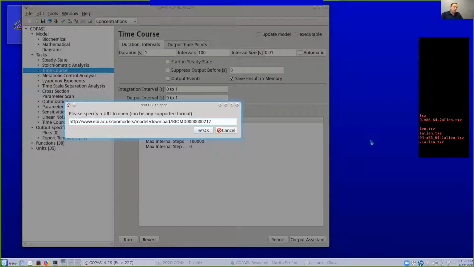You as a publisher, as an author, you can also submit your models to biomodels, and that's a good practice when you submit your paper to review, to have the model submitted to biomodels, just like you would submit a sequence if you're doing sequencing, or a protein structure if you're doing X-ray structure of proteins. So you submit your model, they can keep it confidential if you need to until the publication, or you can even make it immediately available if you want to. First it goes into an unannotated section.